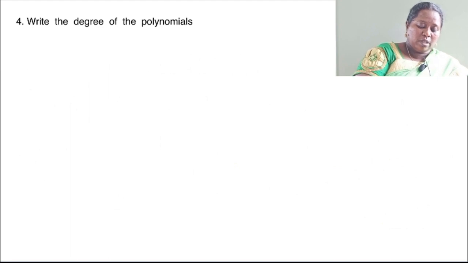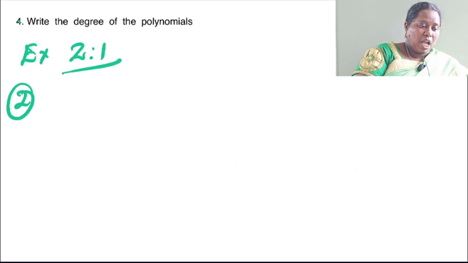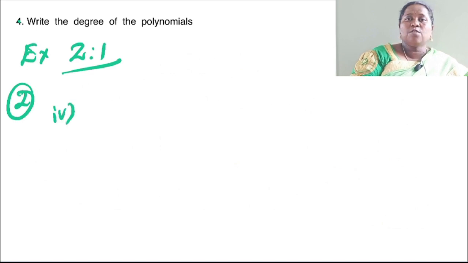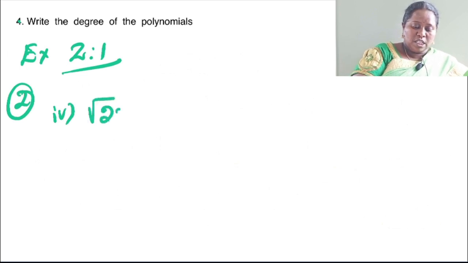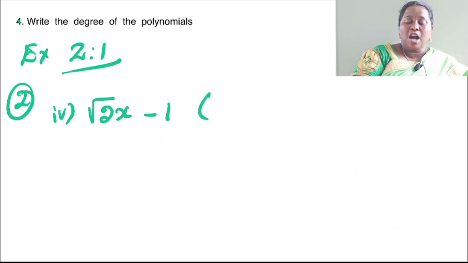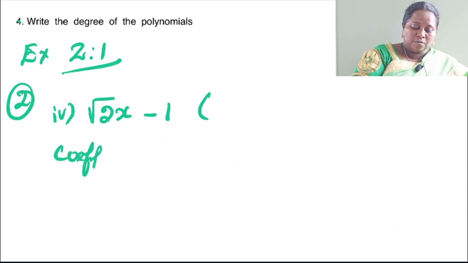Next, one more question we have to see. Exercise 2.1, second question and fourth division. Kindly check the sum: root 2 into x minus 1. In this sum, they have asked to find the coefficient of x squared.